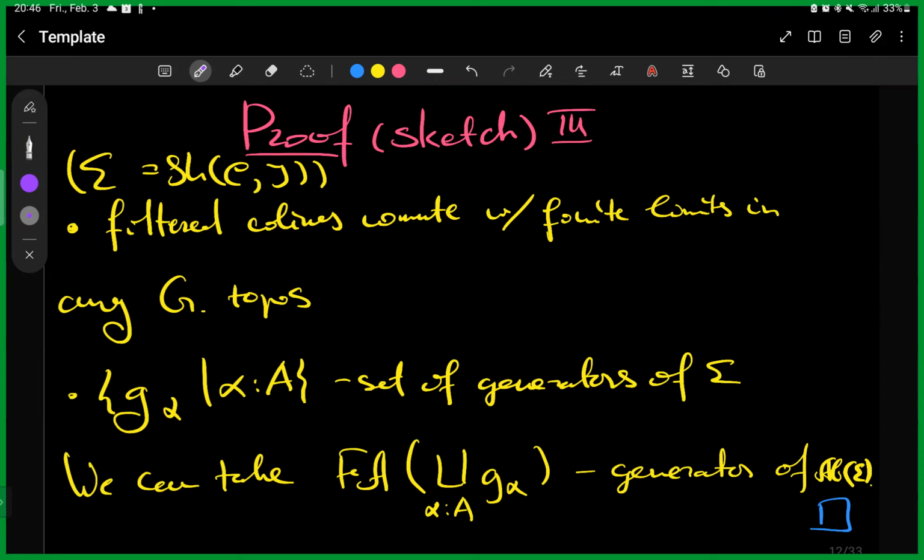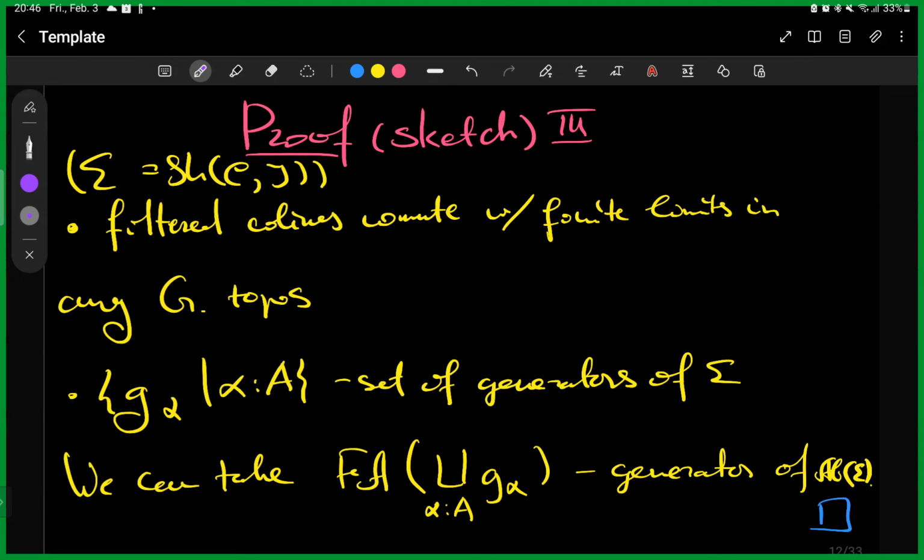Actually, it can be stated in even greater generality that shifted limits commute with finite limits. No, sorry, that's not correct. We just know that filtered limits commute with finite limits in any Grothendieck topos. That's a fact. About shifted limits, forget it. They commute with finite products, not finite limits. And this means that our condition AB5 is satisfied.